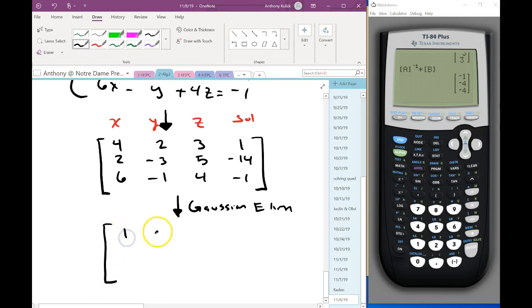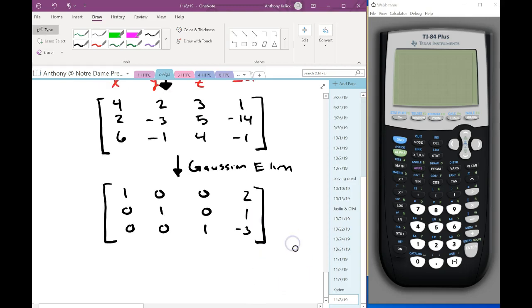What I'm going to get is the 3 by 3 part of my matrix is going to look like the identity. And the last column is going to be some numbers.